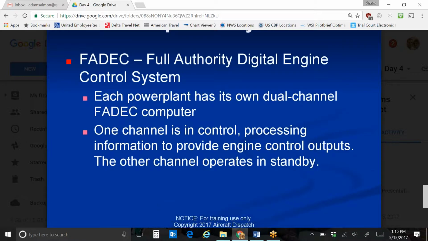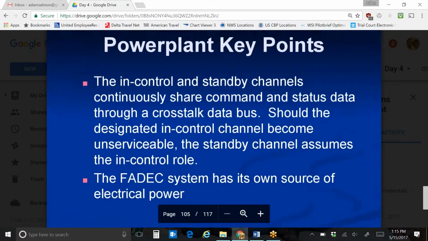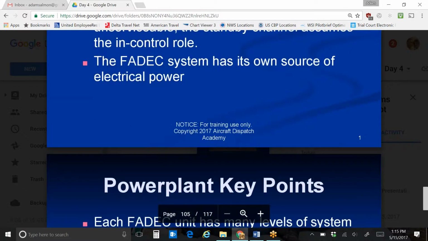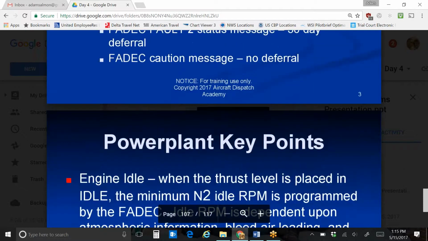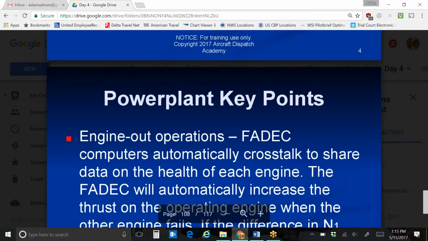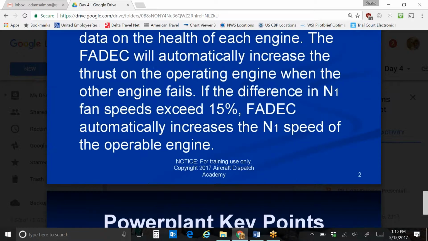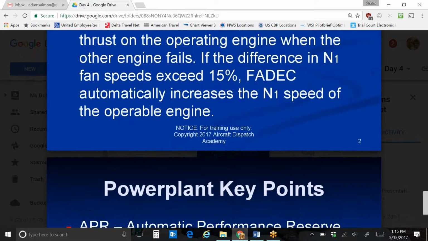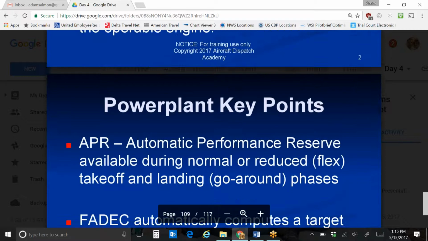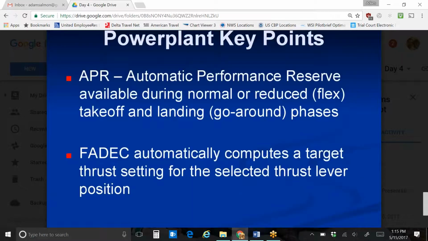This talks more about the FADEC here. This talks about what happens if one FADEC fails or if one engine fails. The APR, just be able to tell me what the APR is and what the FADEC is.